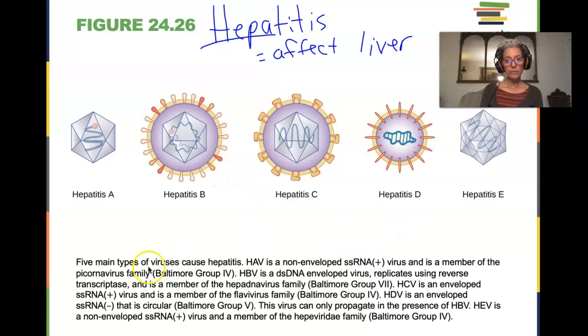Hepatitis B is a hepadnavirus, or HEPA, which is liver DNA virus. Hepatitis C is a single-stranded RNA, but positive. D is single-stranded and negative. And E is single-stranded RNA and positive. So it's not their genome that classifies them as a hepatitis virus. It's a fact that they affect the liver.